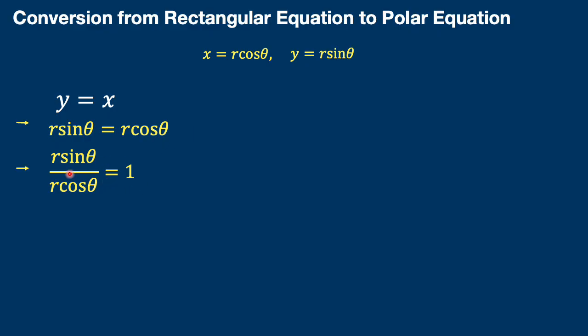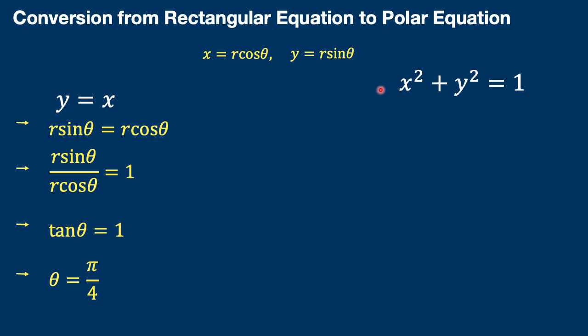Then the left side, r sine theta over r cosine theta, is 1. r cancels out. Sine over cosine theta is tangent theta. We have tangent theta equals 1. Theta is pi over 4. That's how we find the polar equation.